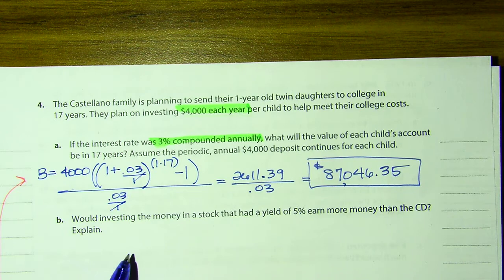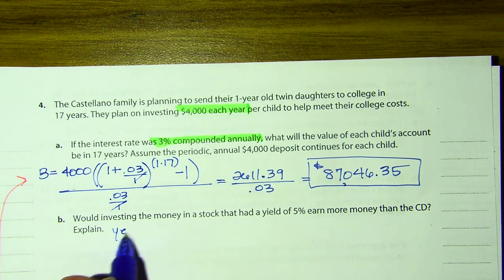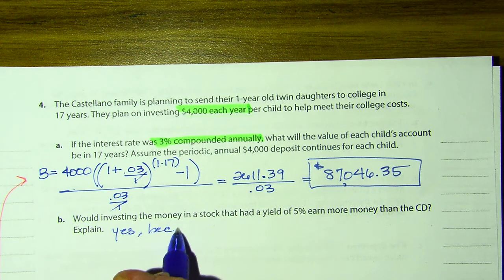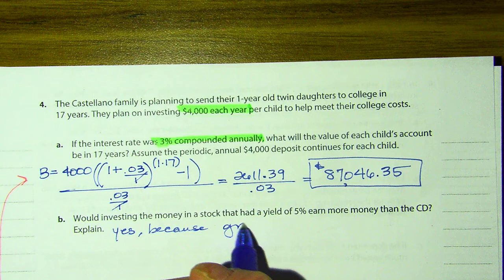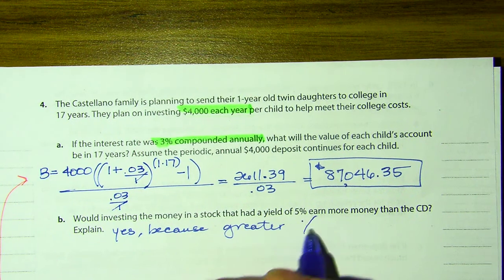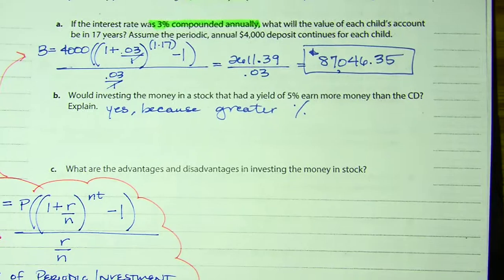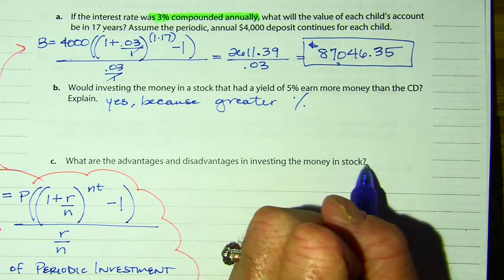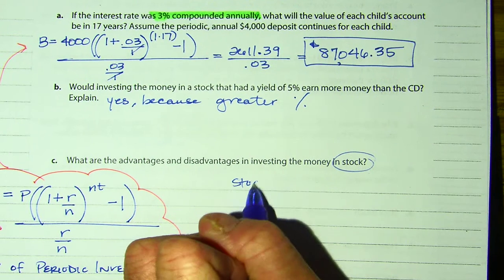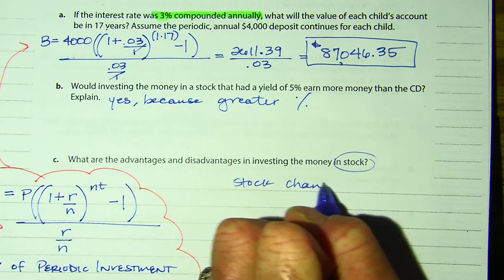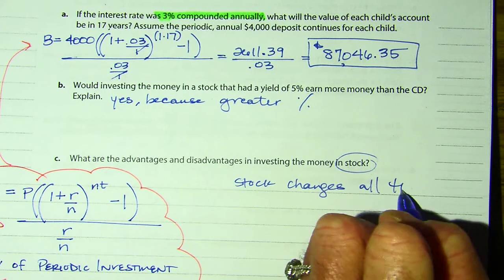Would investing the money in a stock that had a yield of 5% earn more money than the CD? Yes, because of the greater percentage. What are the advantages and disadvantages of investing money in stock? Stock changes all the time.